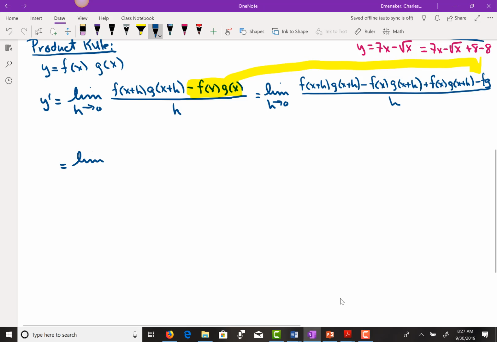Okay? This is equal to the limit as h goes to 0. Now let's straighten this out a little bit. Look at those first two terms. What does each of those terms have as a common factor?